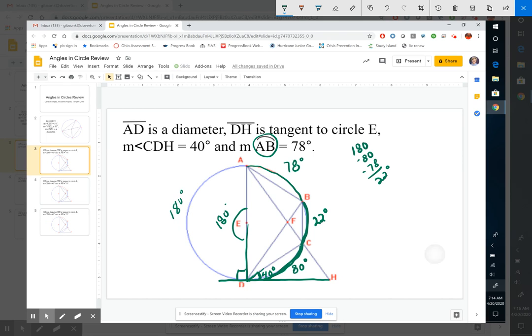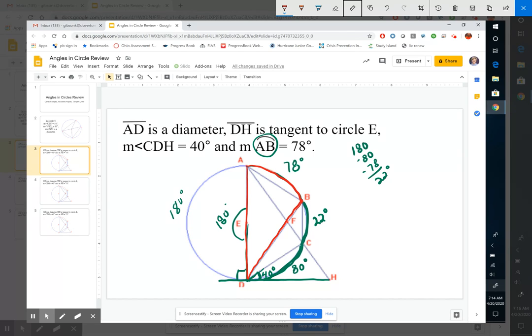Okay, now what else can we do? Well, let's use the 78. So if this arc right there is 78, we can draw the angle that it touches. So this arc is connected to this angle. That angle intercepts that arc.